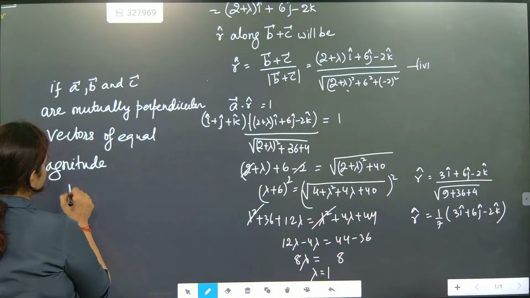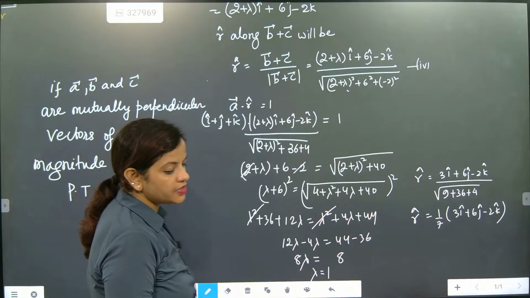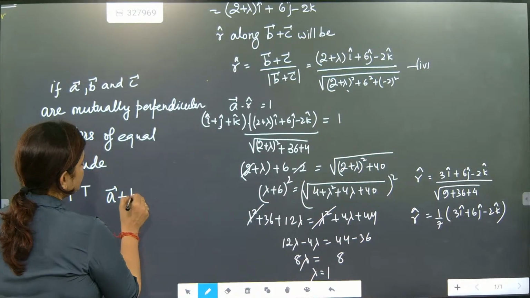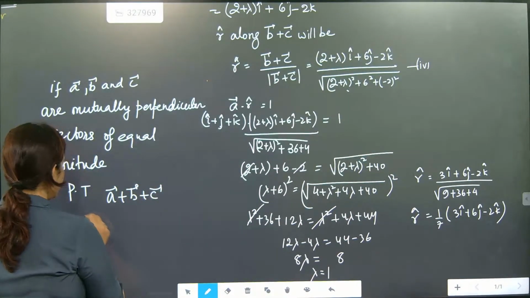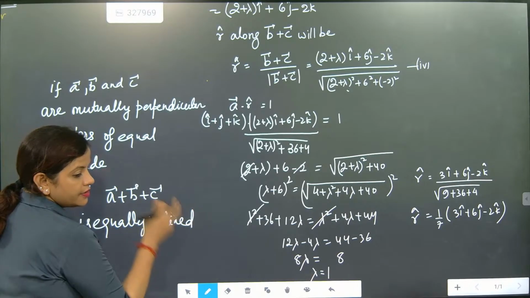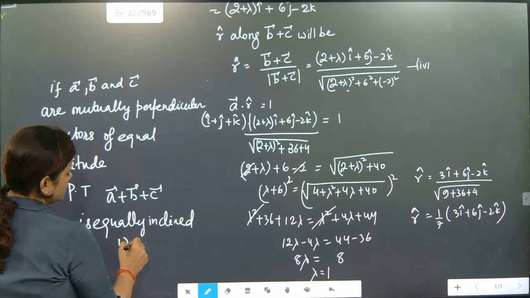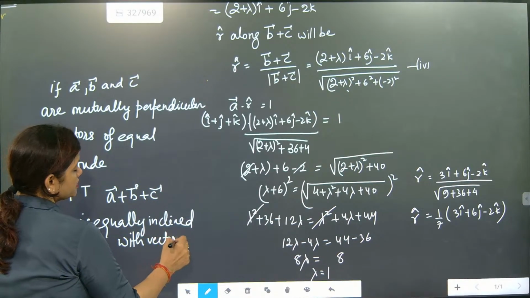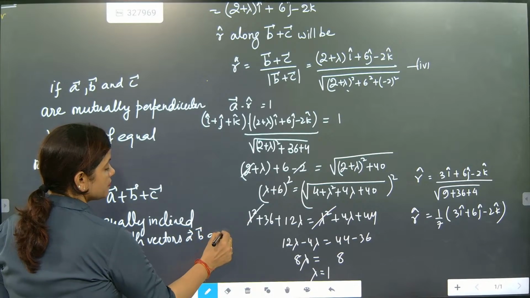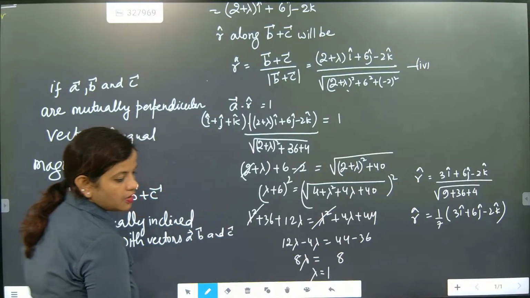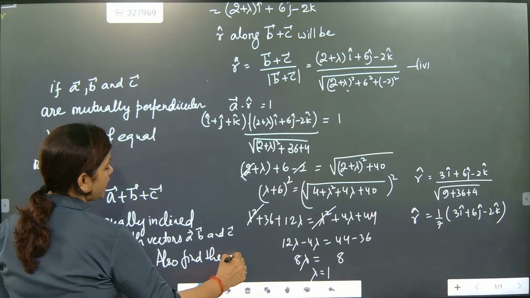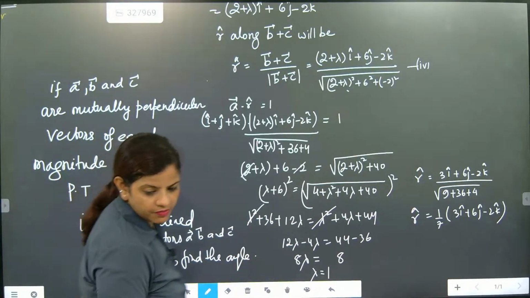Prove that. What you need to prove here is that A vector plus B vector plus C vector is equally inclined with vectors A vector, B vector and C vector. Also find the angle. Wow. Also find the angle. That's the secondary part, but the first part is this one.